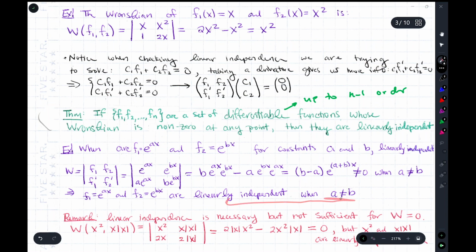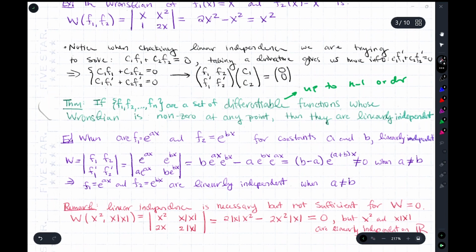It turns out that for this particular example, that would be when A equals B, but we can easily check that: this is exactly the same function, so clearly they are linearly dependent in that case. And so, at least for this example, they're linearly independent if and only if A does not equal B.